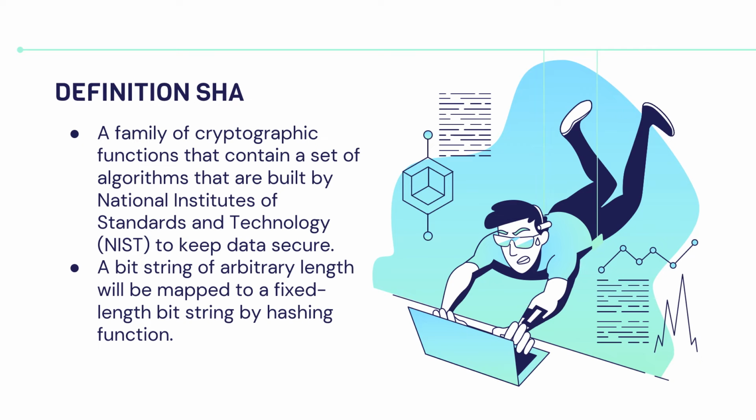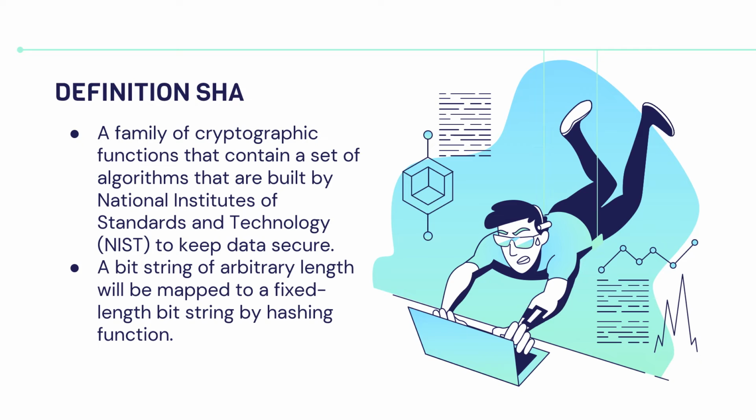So we will begin with the definition of secure hash algorithm. Secure hash algorithms are a family of cryptographic functions that contain a set of algorithms built by the National Institute of Standards and Technology to keep data secure.